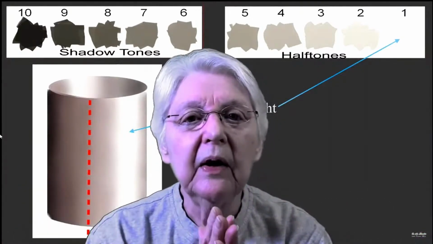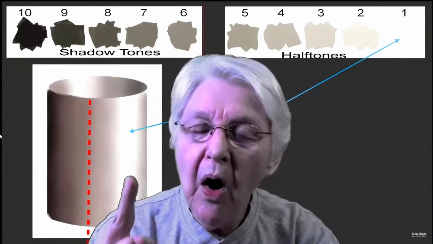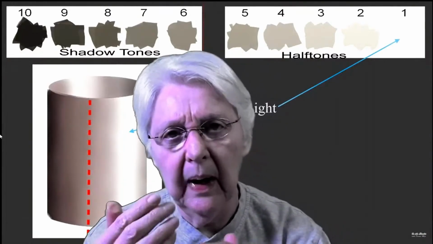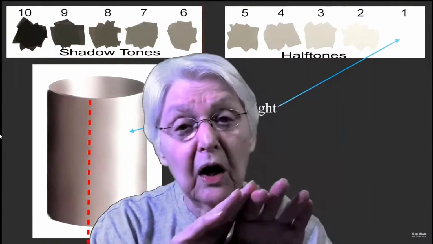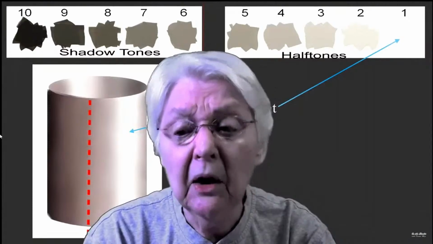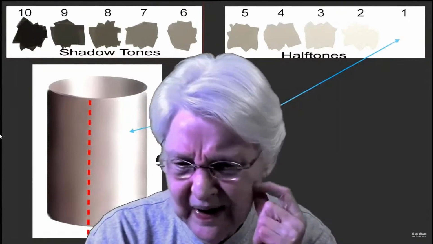You'll be able to recognize what halftone you're looking at. And that should inform you also about what color or what hue you can expect in the halftone, depending on its environment. I hope I answered that right.